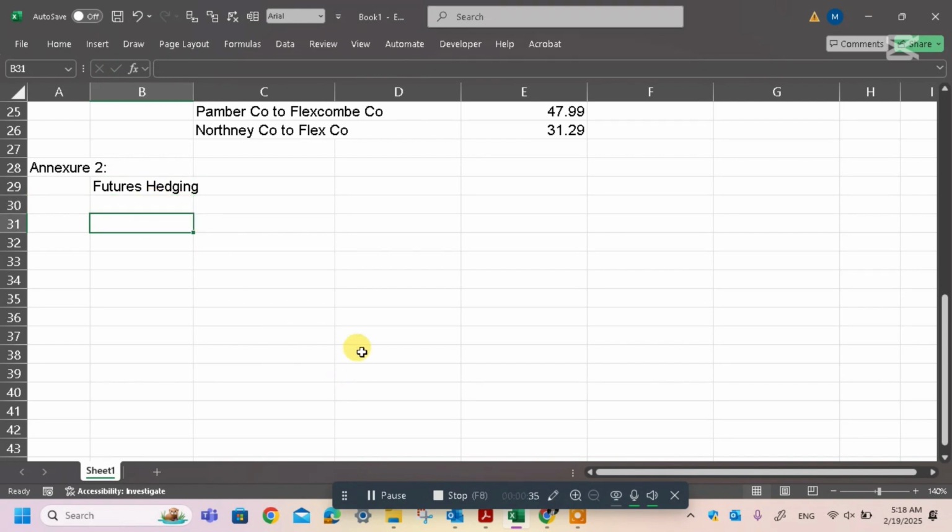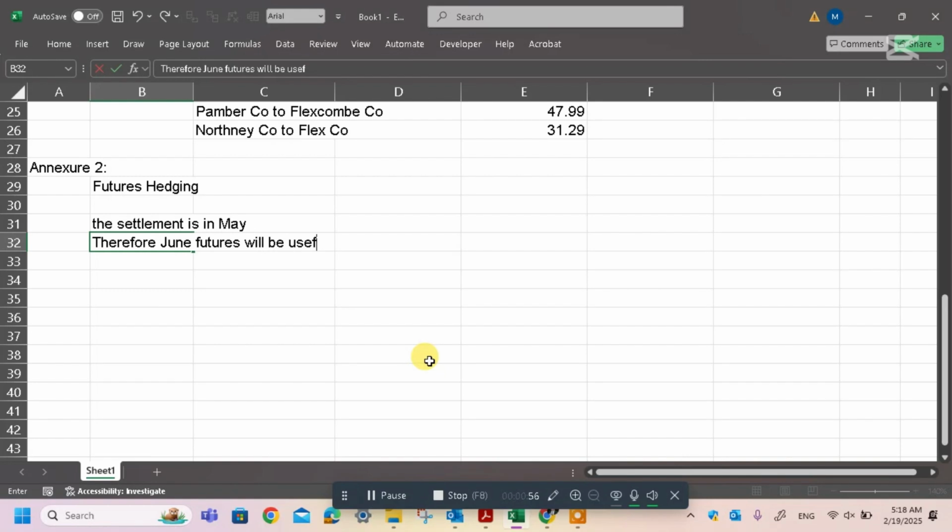We need to see which futures. So the settlement is in May, therefore June futures will be useful.